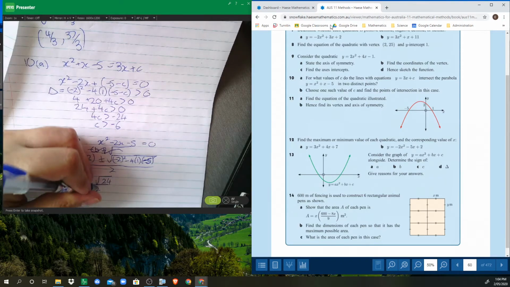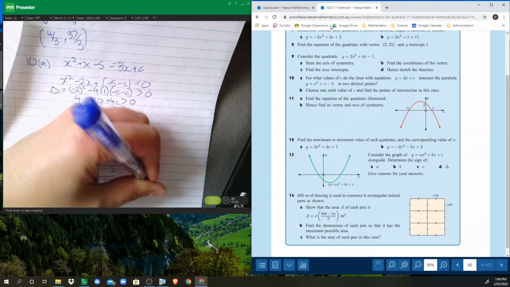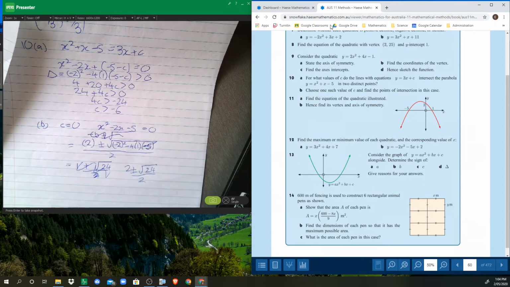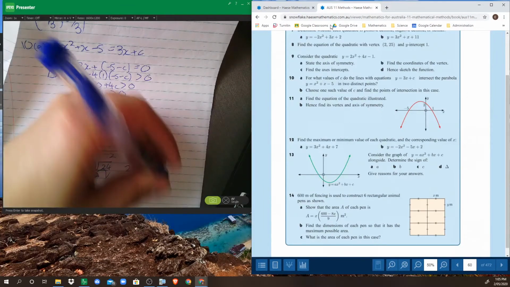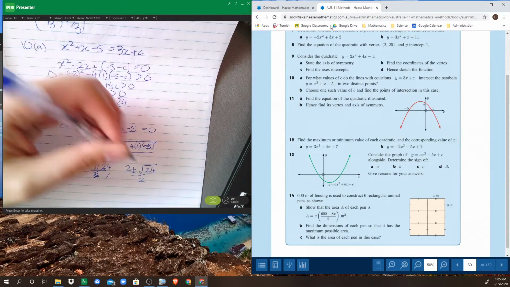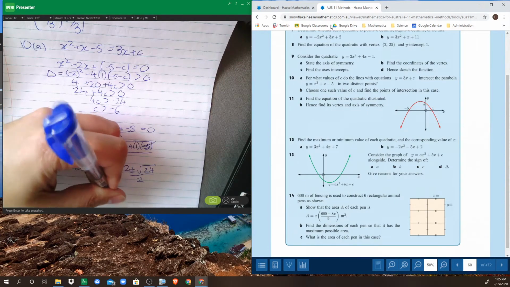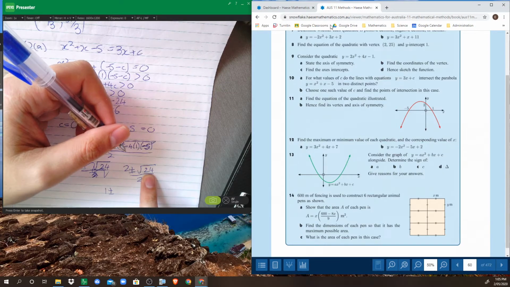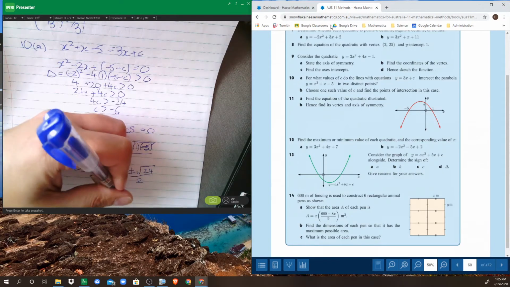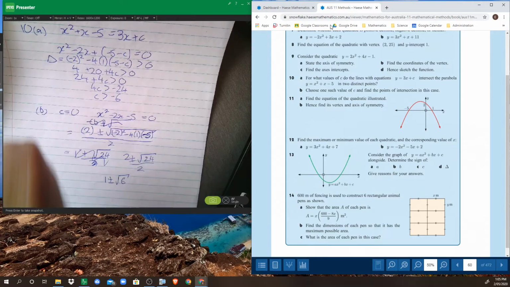Oopsies, I don't need that. Sorry. 2 plus or minus root 24 on 2. Yeah, that looks about right. Okay. Now, can I reduce that down much? Not really. I can write 1 plus or minus. Okay. Can I take 4 out there? 24, yes. So you can actually write that as plus or minus root 6. Okay. Yeah, I think I have actually done this one before.